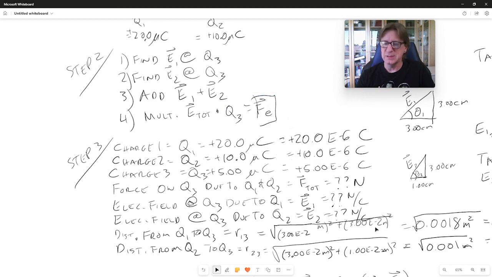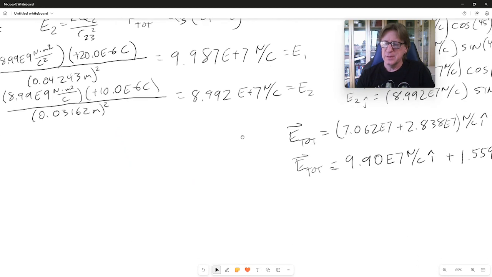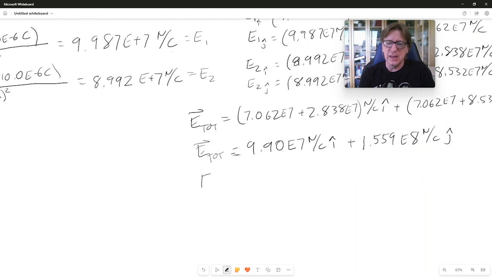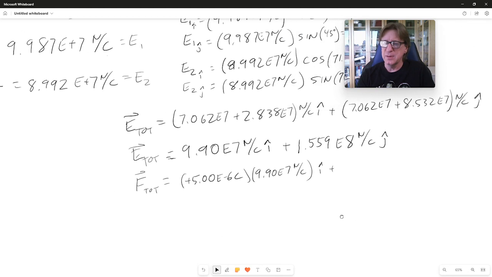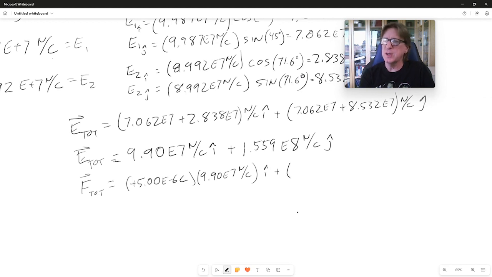So we'll say F total, which is a vector, is going to be Q3, which is positive 5.00 e minus 6 coulombs times 9.90 e to the 7 newtons per coulomb I hat plus 5.00 e to the minus 6 coulombs times 1.559 e to the 8 newtons per coulomb J hat. Now Q is a scalar, so I can multiply it through the vector here.